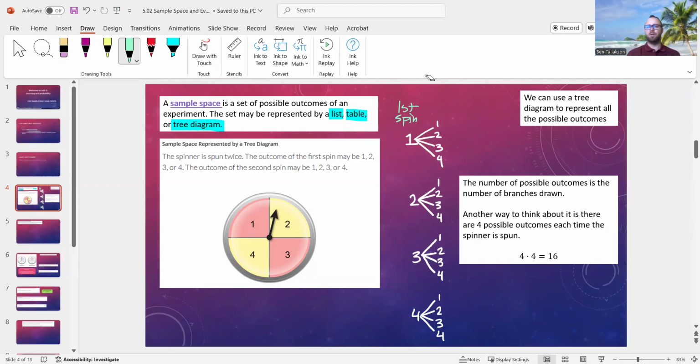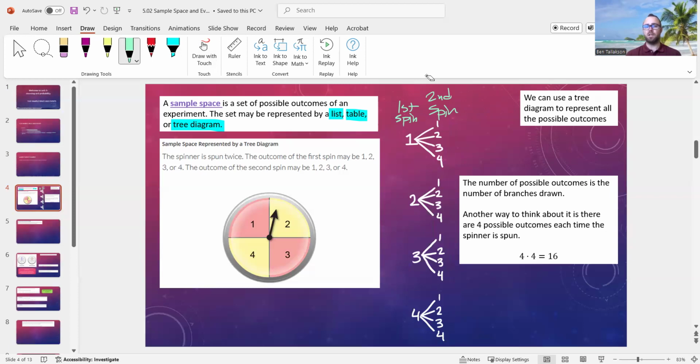It's the same spinner. So are the possible outcomes going to change the second time? No. So we're going to list those out as well. But why does this look different? Well, these values represent the second spin given that the first spin already took place.